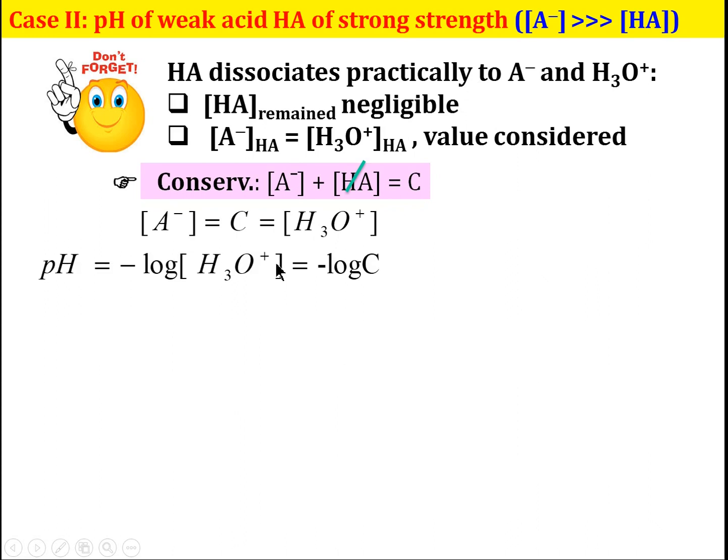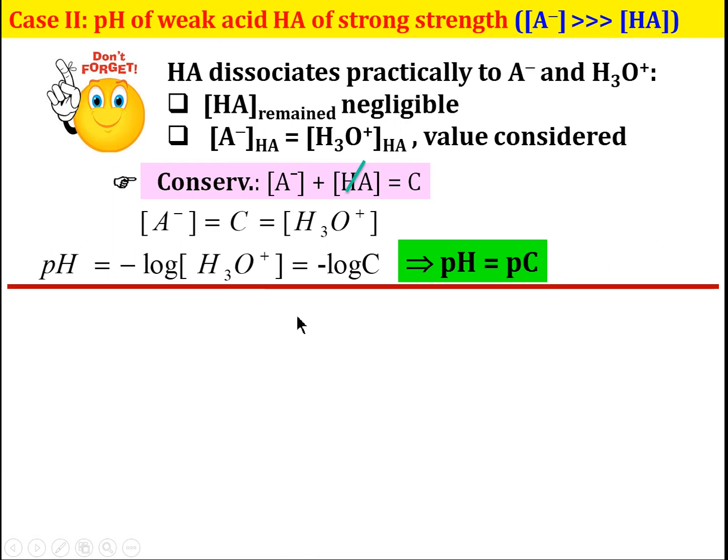The pH formula is equal to minus log H3O plus in the solution, so minus log C, which implies the pH is equal to pC. So for a weak acid of strong strength, the pH formula is directly applied: pH equals pC.